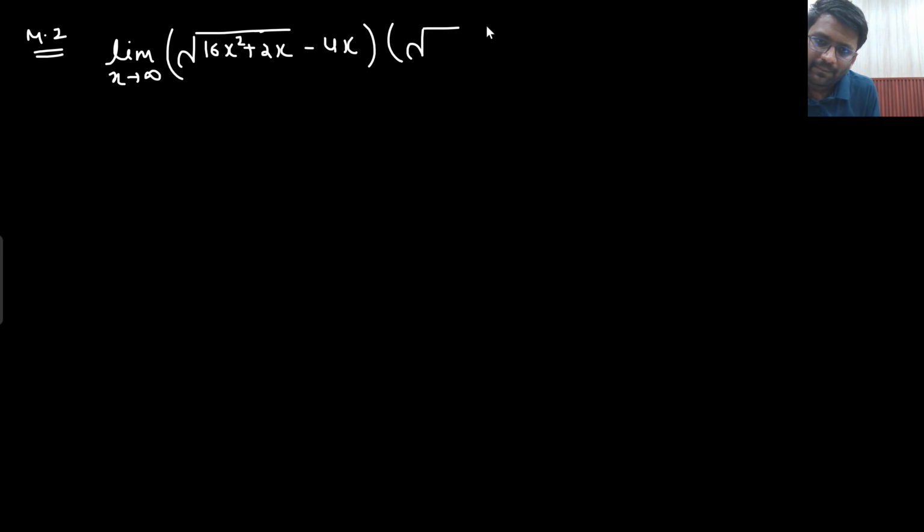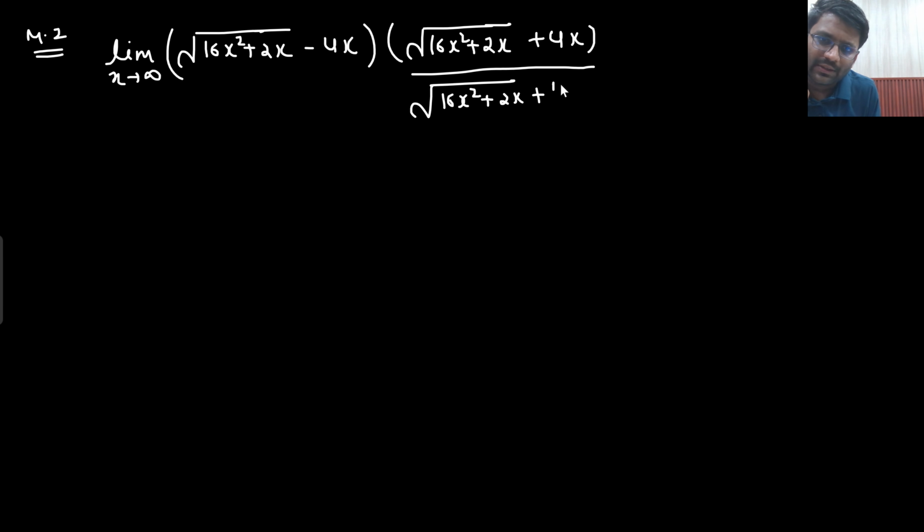Okay, so multiply and divide by under root 16x square plus 2x plus 4x. So a minus b into a plus b gives a square minus b square. What answer will you be getting here? A minus b, a plus b, so a square minus b square. So 16x square plus 2x minus 16x square. So you will be left with 2x.